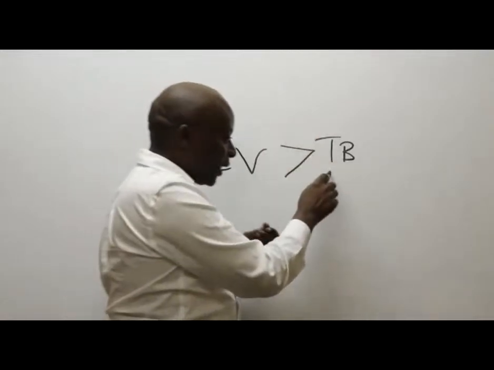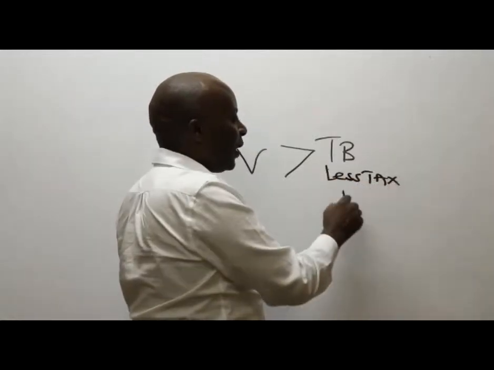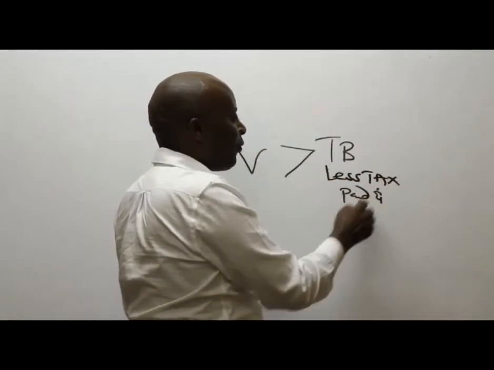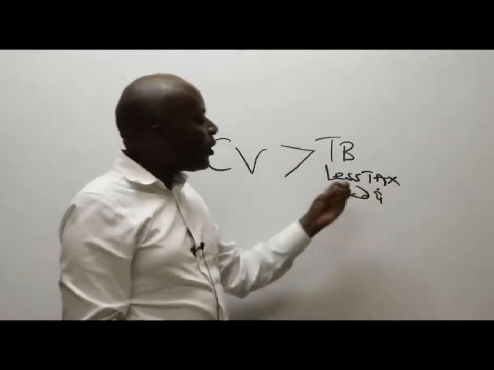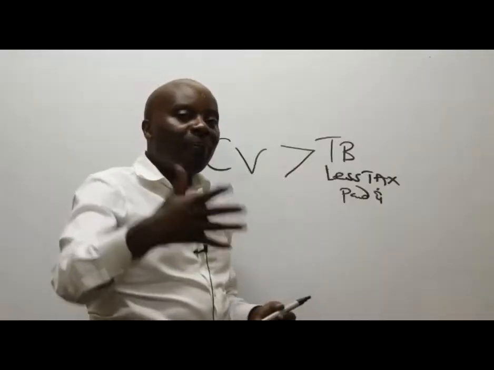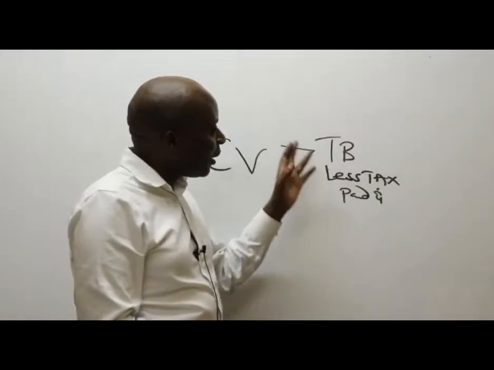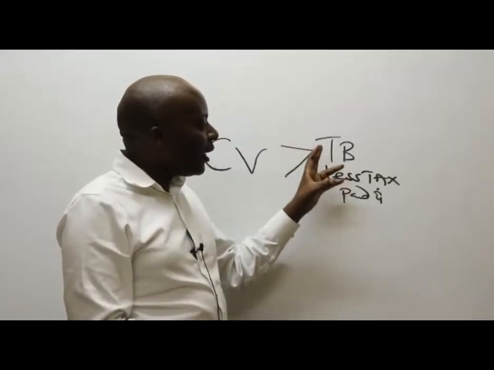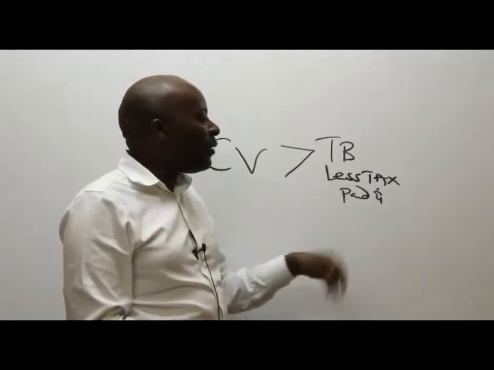Less tax paid, and therefore in future I'll be required to make up. I'll be required to pay bigger taxes. Therefore, the tax base position will automatically mean that in the future, we shall have an obligation.